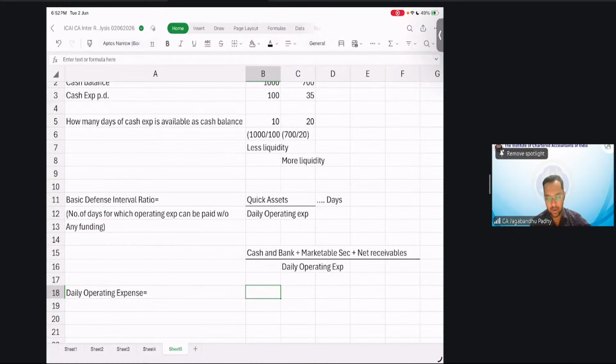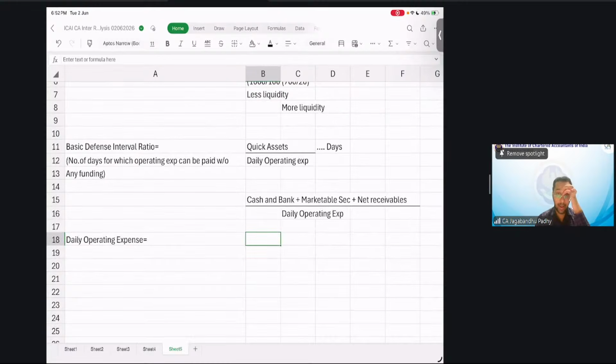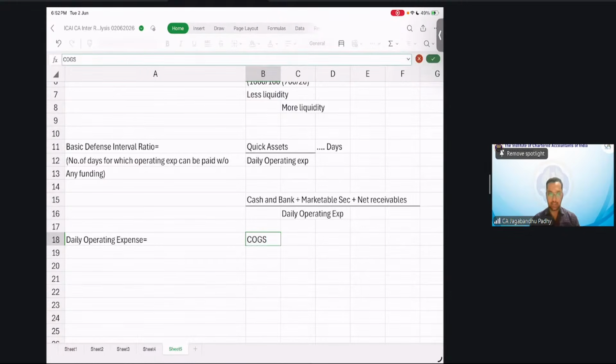That's obviously fine. But how to calculate the total operating expense for the day? So we take COGS plus all the expense. We need to include all the expense, right?